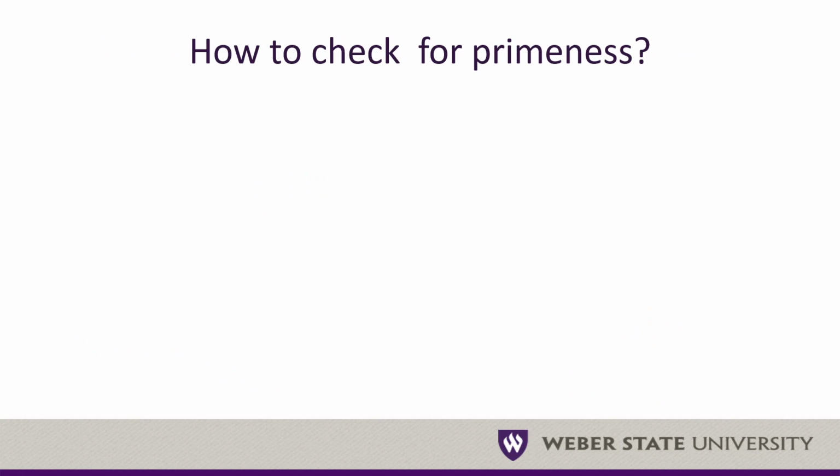So the question is, how can we check whether or not a number is prime? If it is divisible by more than 2 numbers, like 1 and itself. If it's divisible by any numbers other than 1 and itself.